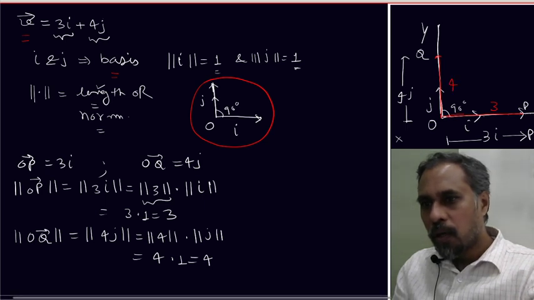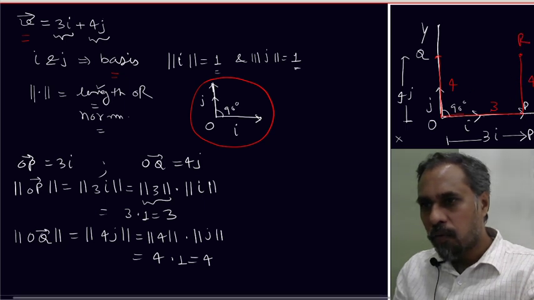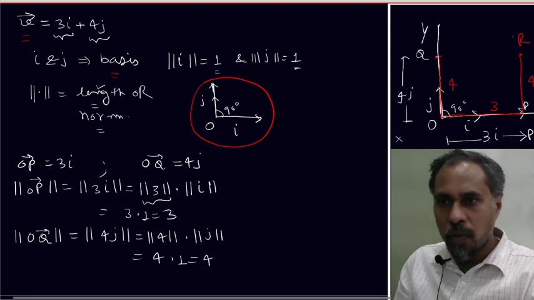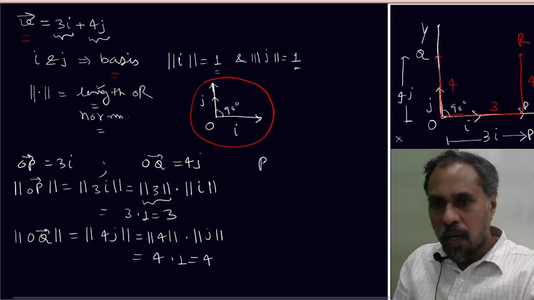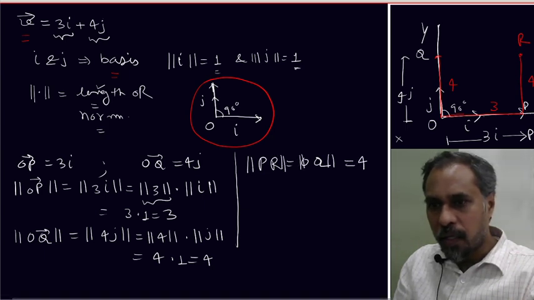So I can move 3 units from the origin and reach the point P, and then along the y-axis I can move 4 units. So here I can reach this point, called R. OP is 3, and PR is 4 because PR is equal to OQ. The norm of PR is the norm of OQ, which are equal, that is 4.